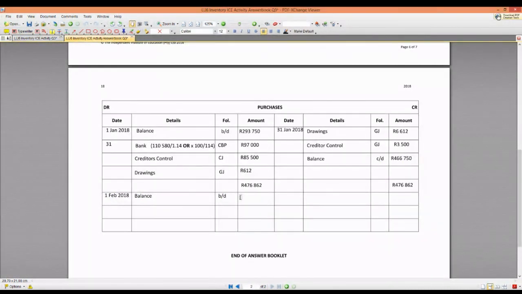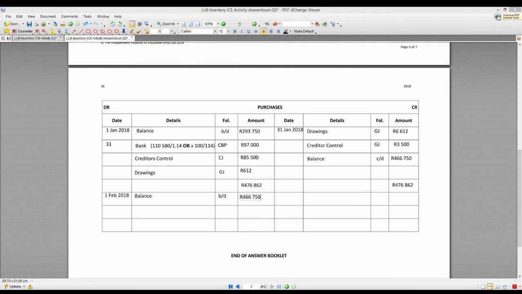So if you made a mistake in this account, by still balancing it, you still get a mark just for balancing it, even though you did not get the correct amount. Okay, and that is how you were supposed to complete these accounts.